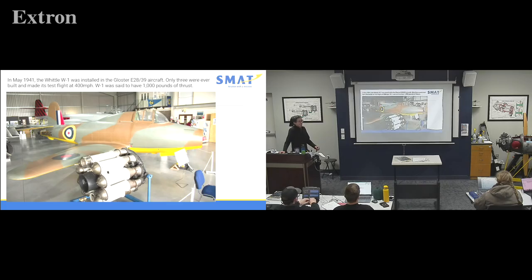Unfortunately, but they did install the engine on the Gloster E.28/39 aircraft. They only ever built three, but the test flight took it to 400 miles per hour, and it was said to have 1,000 pounds of thrust.